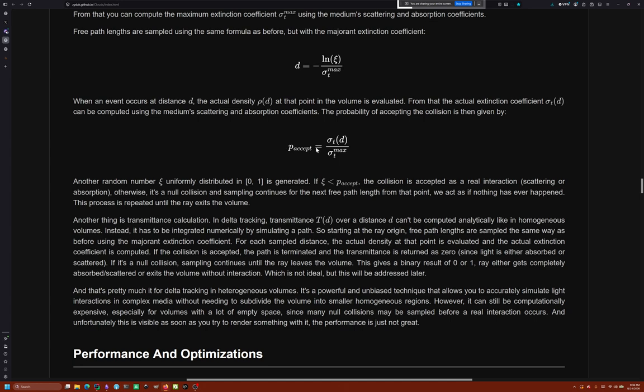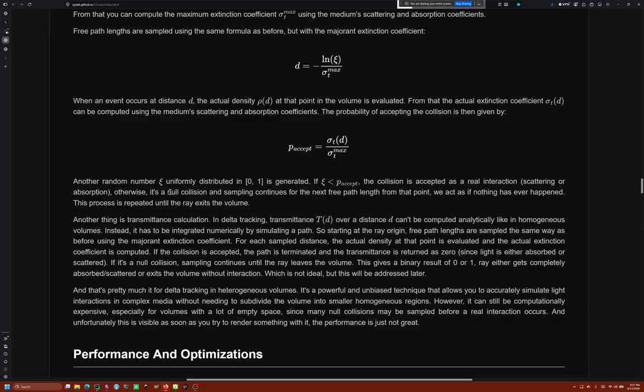So this is just kind of a 0 to 1 normalized density, basically. So if this new random number is generated and it's less than this normalized density, then this collision is accepted, and it is considered a real interaction. It's a real scattering event.